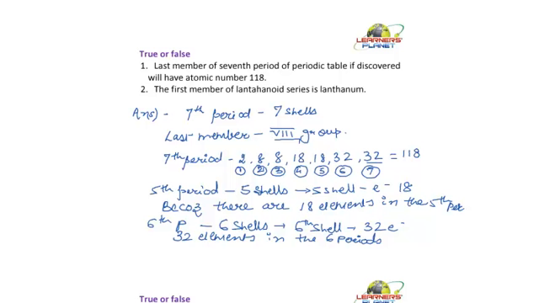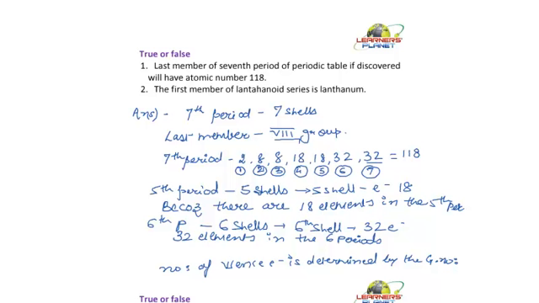Right? And the number of valence electrons can be determined by the group number. Remember these basic things. Okay? So, the number of valence electrons is determined by the group number. Say first group, the number of valence electrons would be 1.